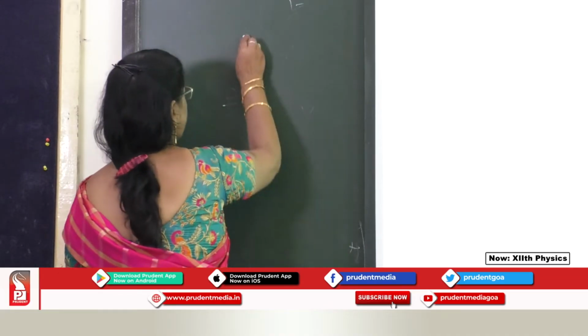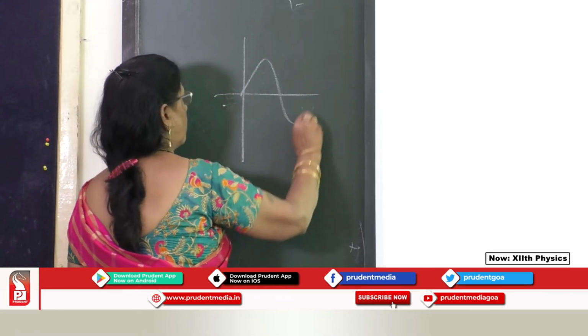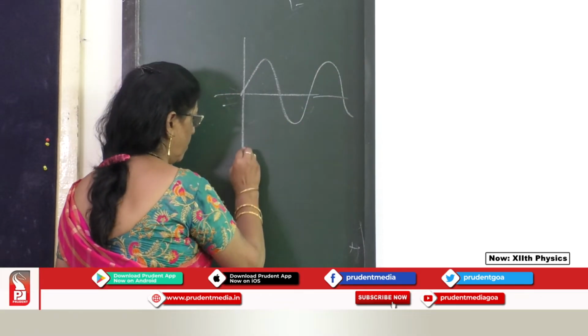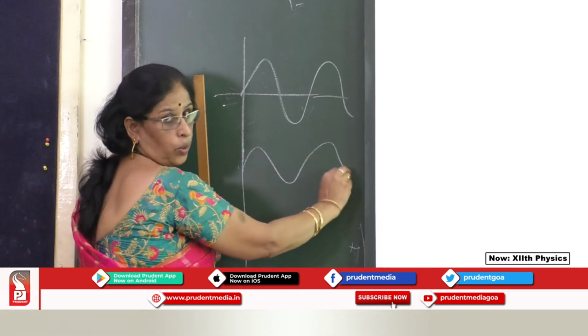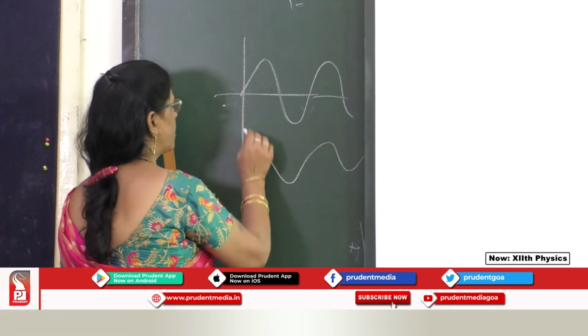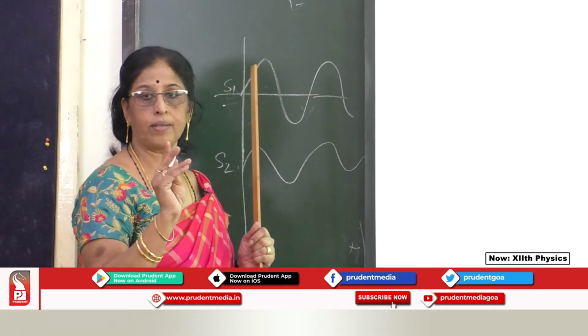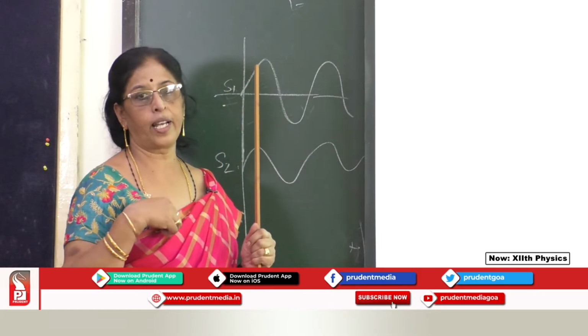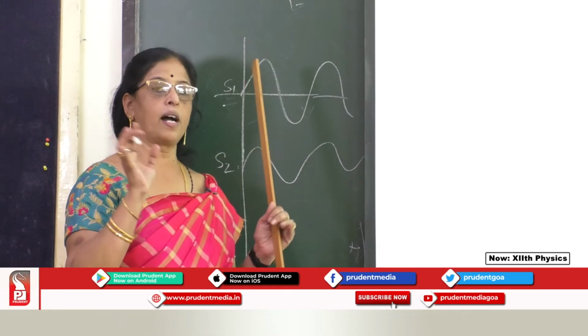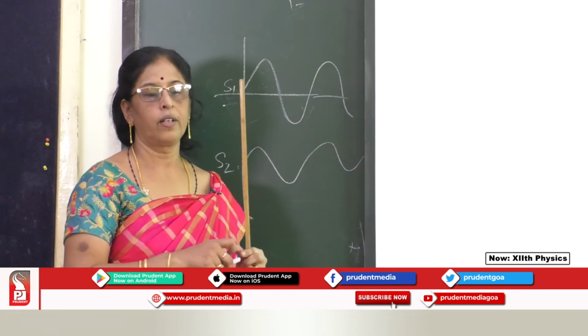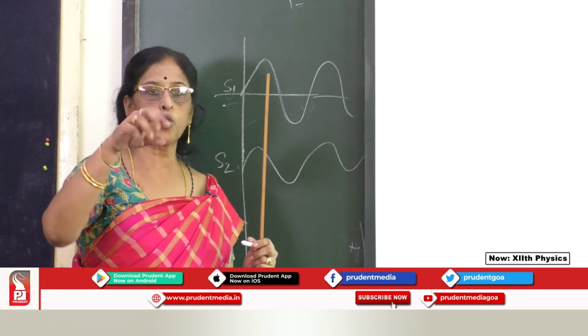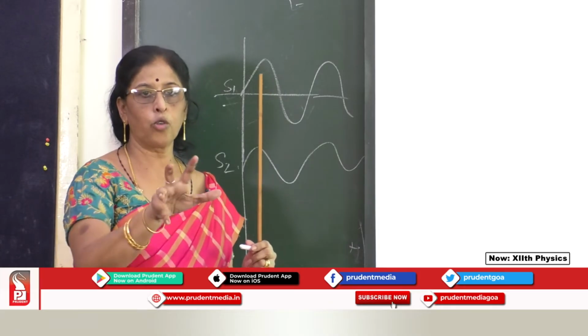Now, when you consider there are two waves here, I'm just considering two different sources, S1 and S2, which are emitting. Just imagine in a still pond, you are throwing two stones at the same time, close together.